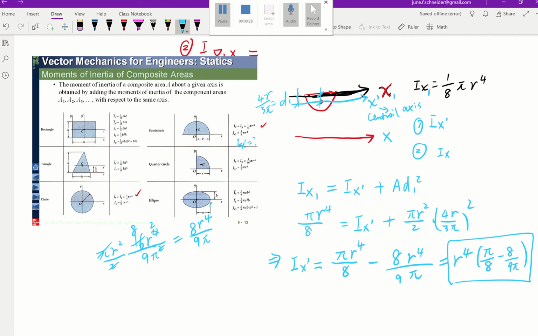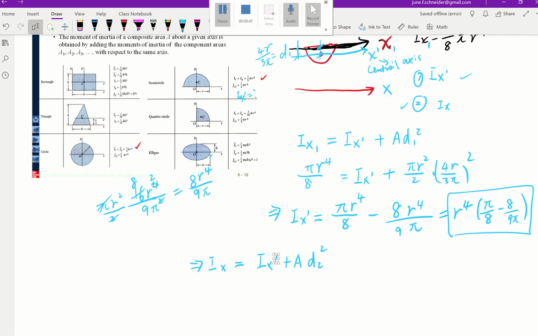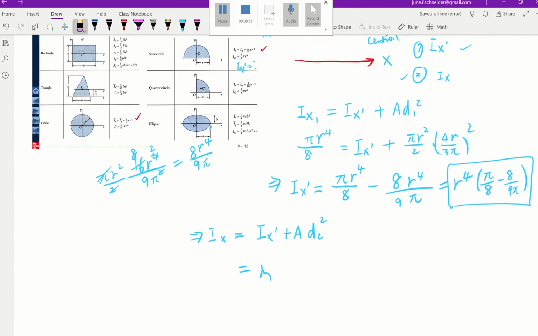All right, now our next step after finding Ix prime is finding this Ix. We're going to use the parallel axis theorem the second time. It's going to be equal to Ix prime plus A d2 squared. Since we already just found Ix prime, it's r to the 4th times π over 8 minus 8 over 9π.